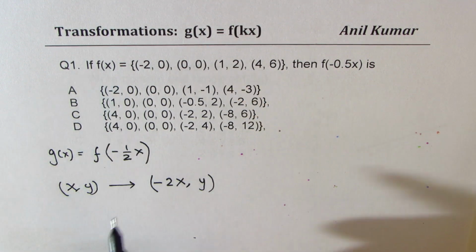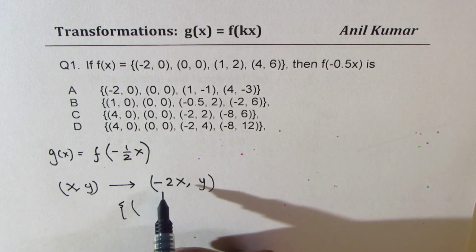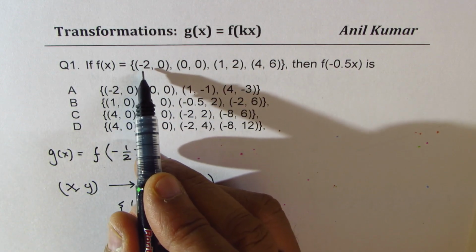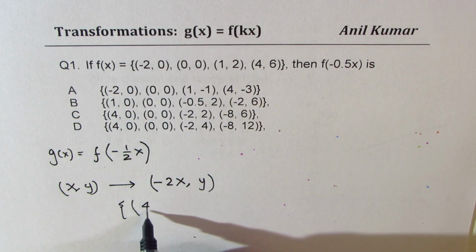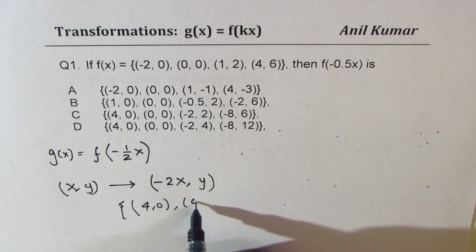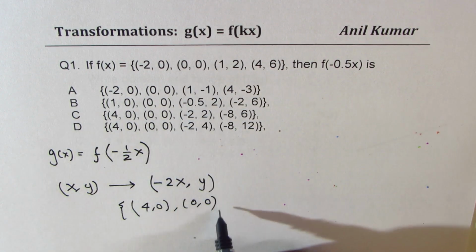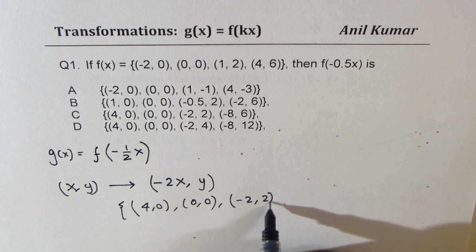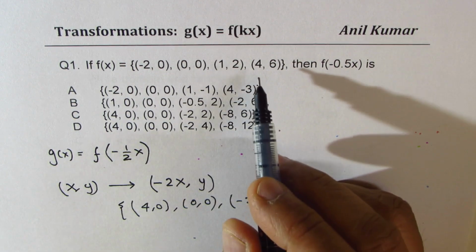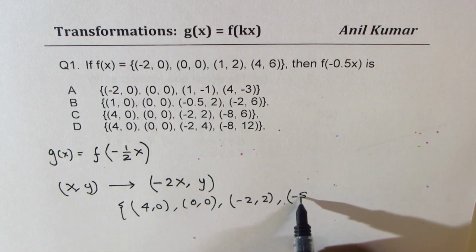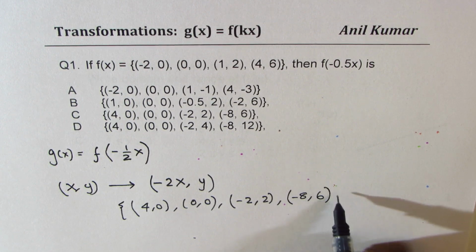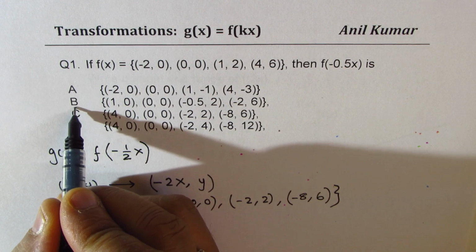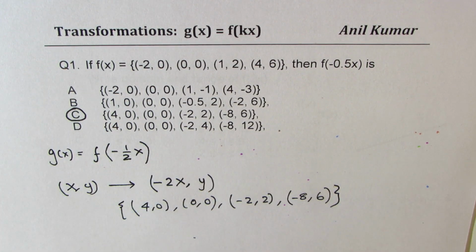And therefore, if you multiply these x values by 2, minus 2 becomes positive, so we get 4, 0. 0, 0 will remain the same, this is an invariant point. 1 gets multiplied by minus 2, you get minus 2, y value remains the same. 4 gets multiplied by minus 2 gives you minus 8, y value remains the same, so that becomes our answer, which matches with option C. So I hope the concept is clear.